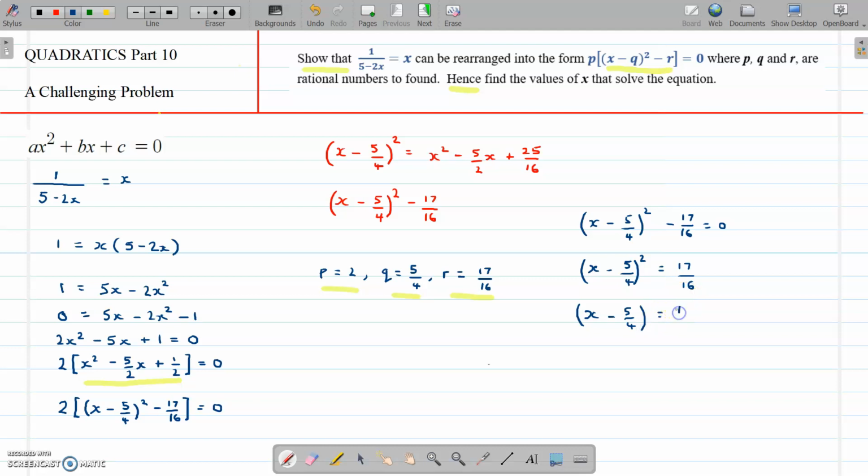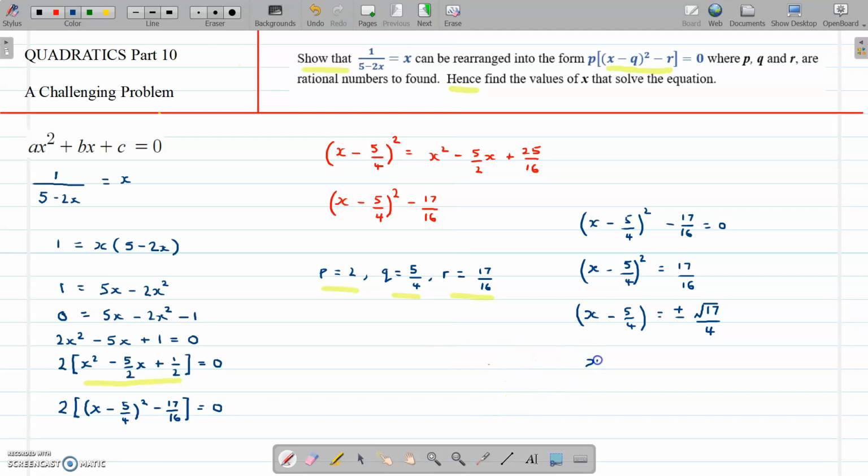plus or minus the square root of, now rather than write a big square root over the whole fraction, I'm going to write the root of 17 on the numerator, but just 4 on the denominator, because of course the square root of 16 is 4. Okay, and then I've just got to add 5 over 4 to both sides.